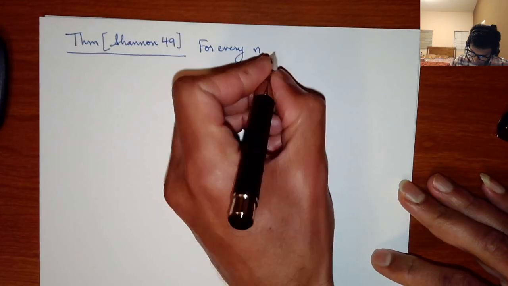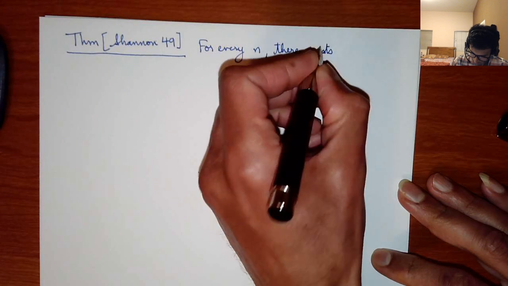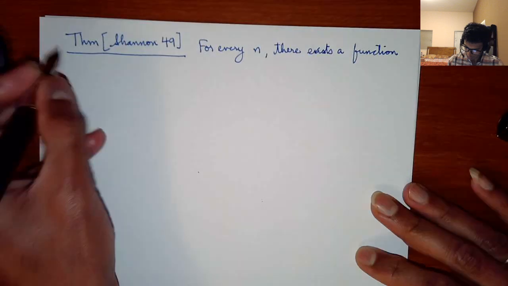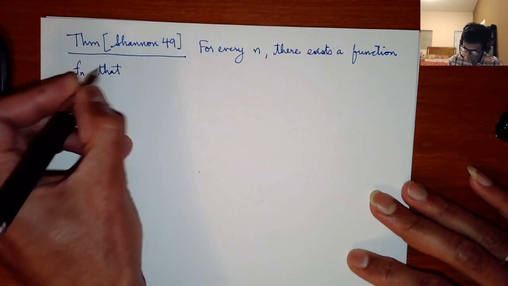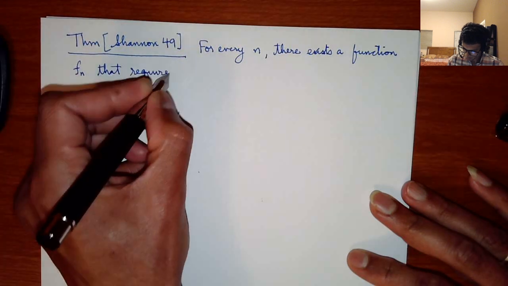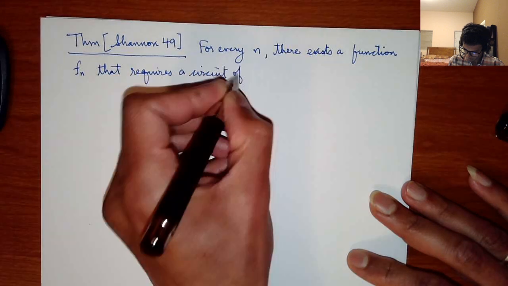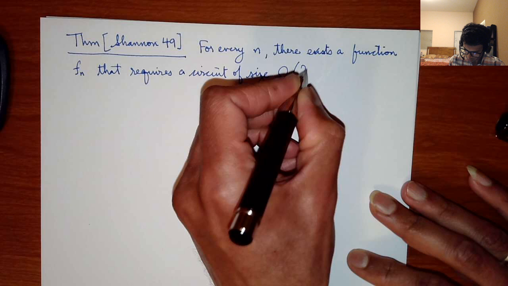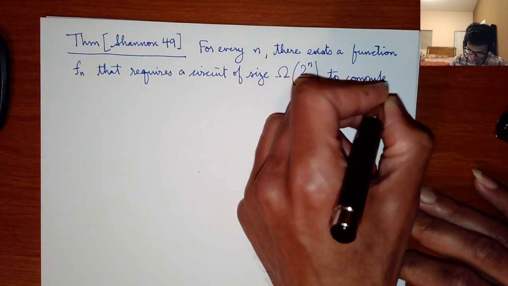So Shannon said that for every n, there exists a function f_n that requires a circuit of size Omega(2^n / n) to compute it.